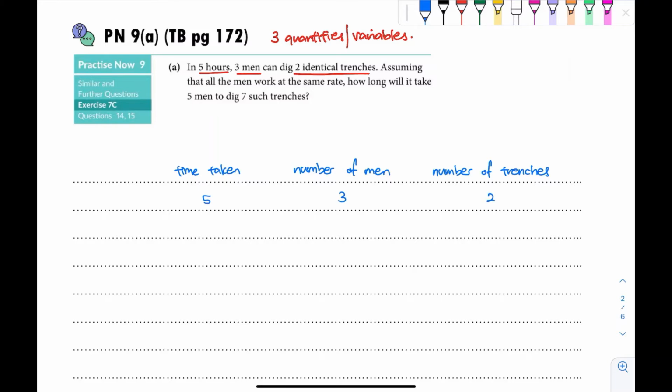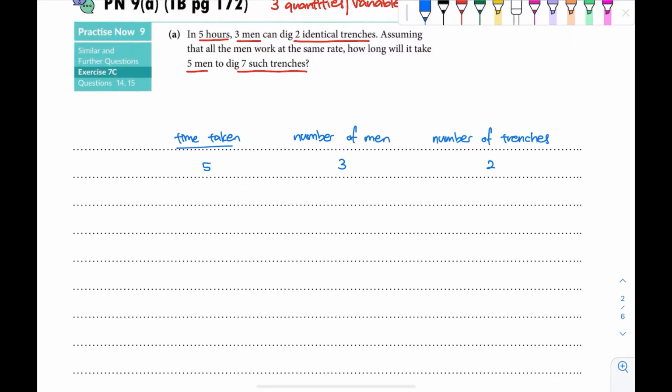Then the question goes on to ask how long it will take 5 men to dig 7 such trenches. So the end goal of our question is to find 5 men here and then 7 trenches. We leave the gap in between our first line and the last line for us to do some working.